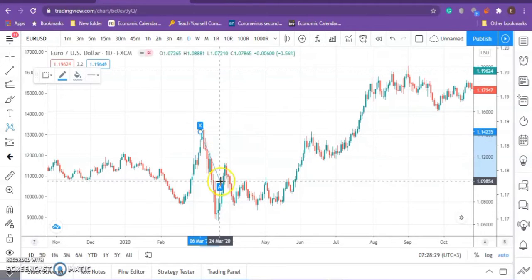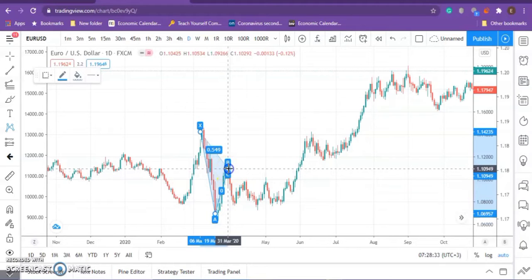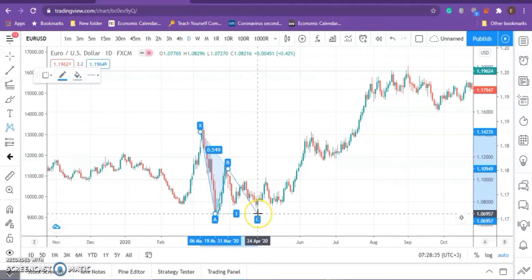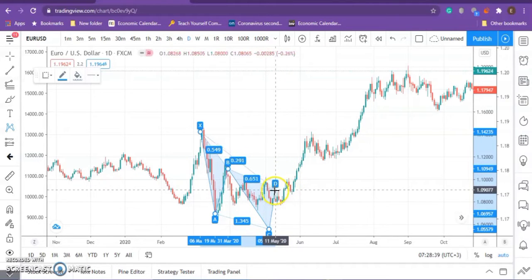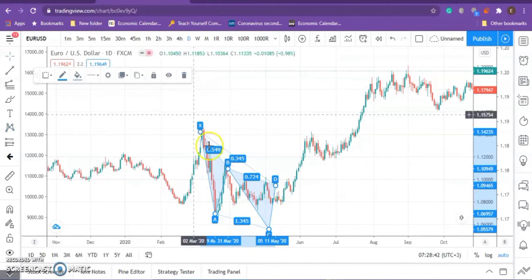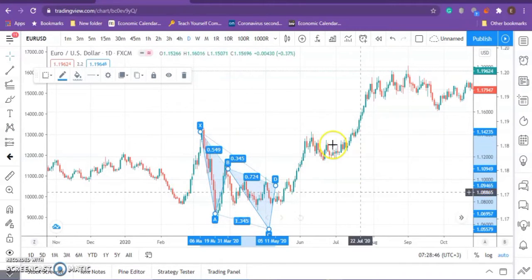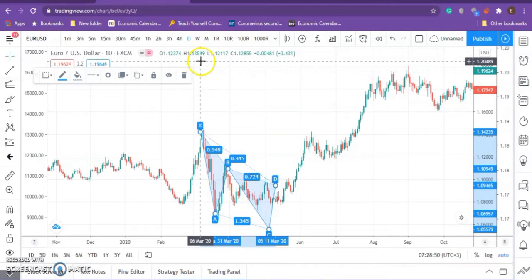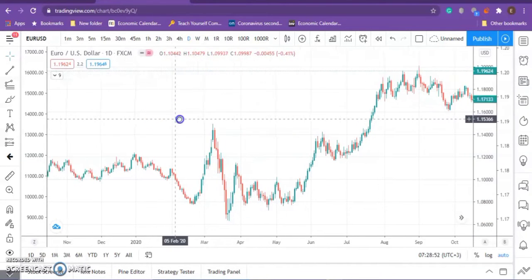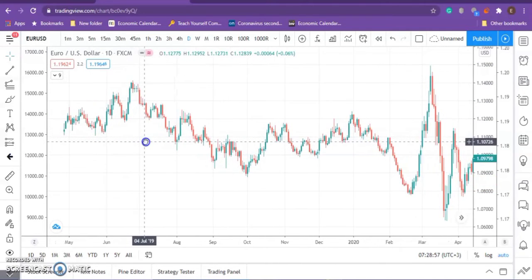So let's take this one, X, A. This automatically becomes our B, and we expected our C to be here and our D to be somewhere here. So you can see from this one, it didn't work out. So this was not a valid XABCD pattern, or rather harmonics pattern. Yeah, let me see for another one right over here.